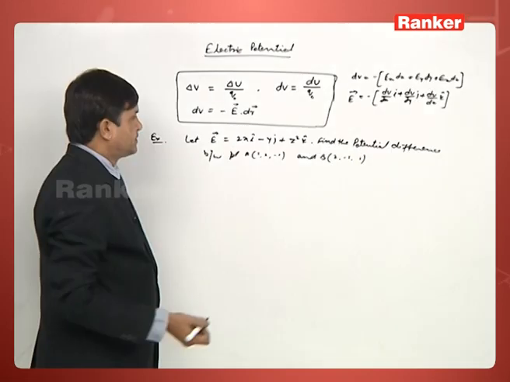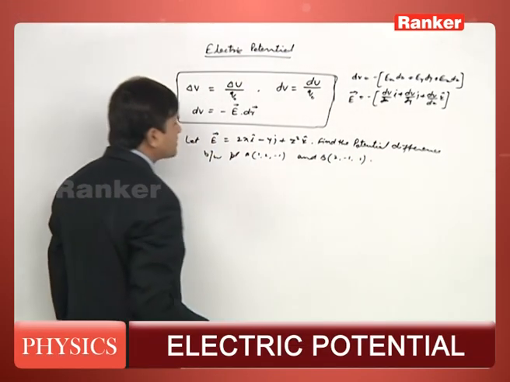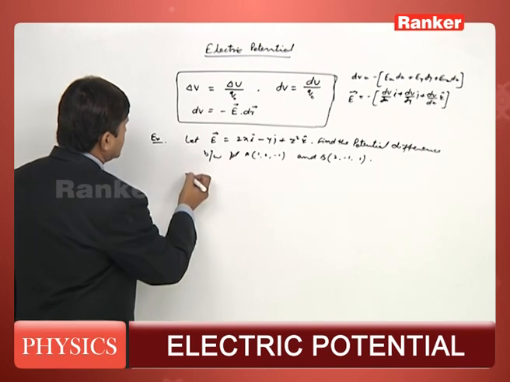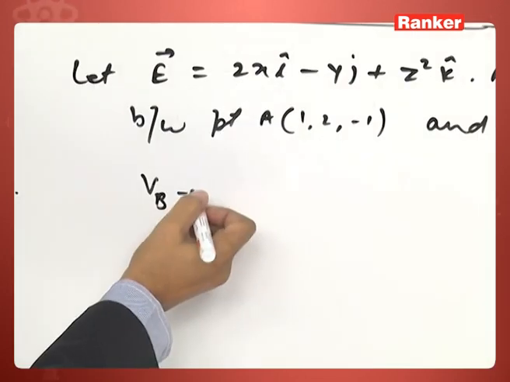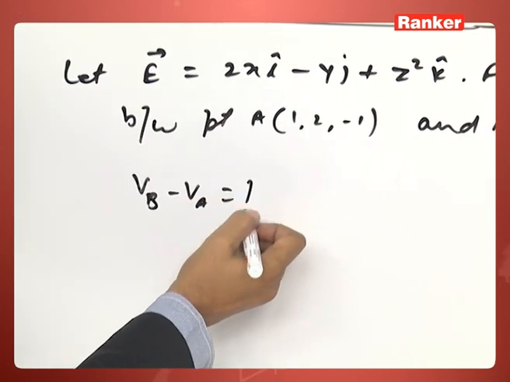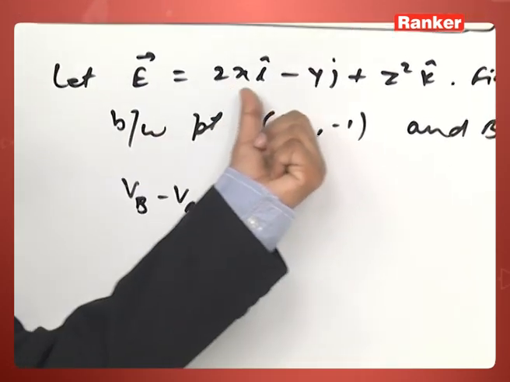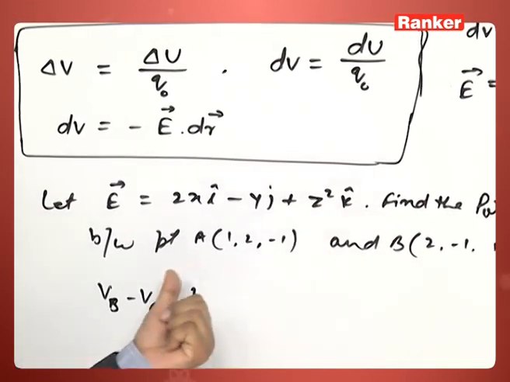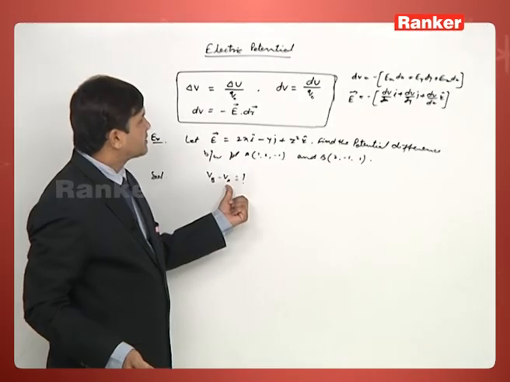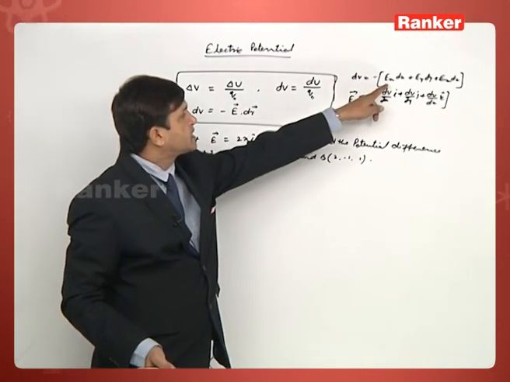It means we have to calculate VB minus VA. Here electric field is given as a function of x, y and z, and we want to find the potential of points B and A, so we can use this relation.